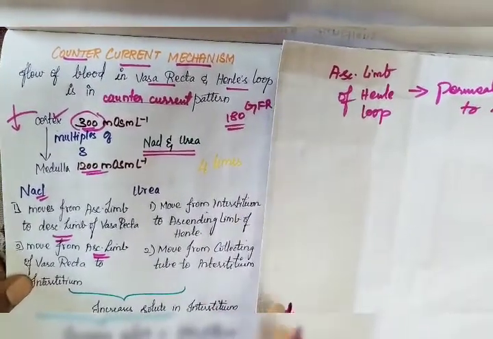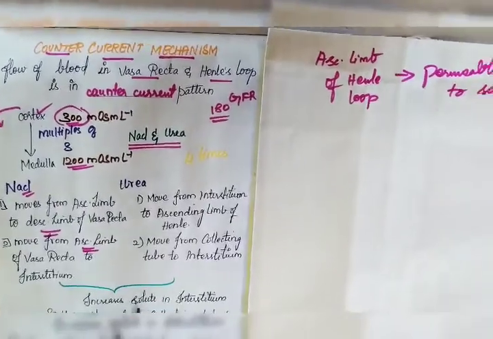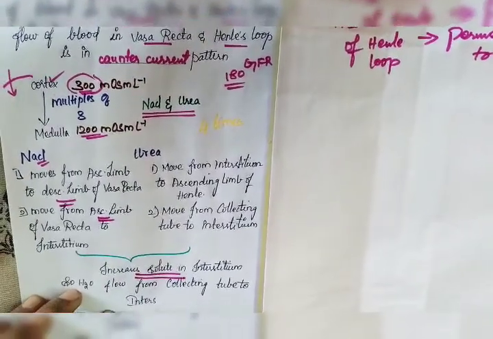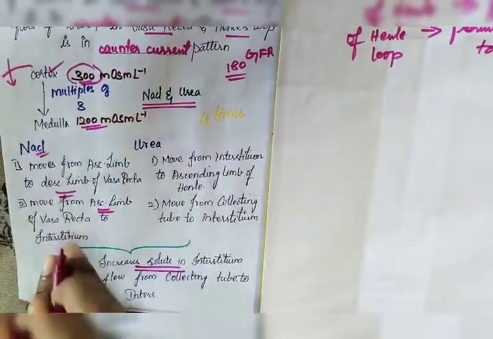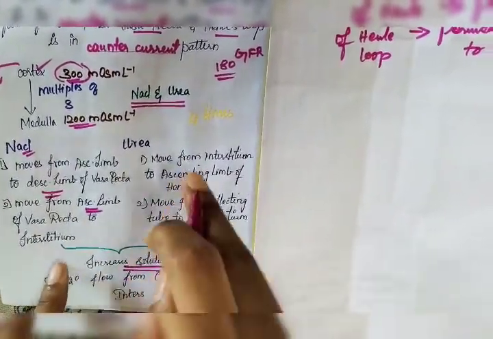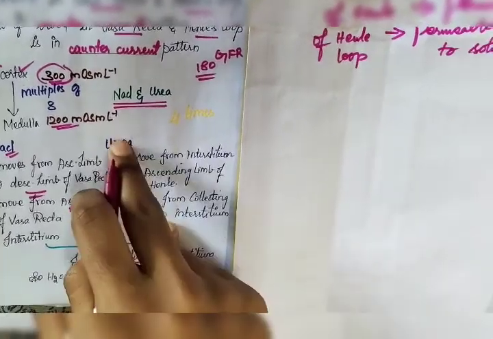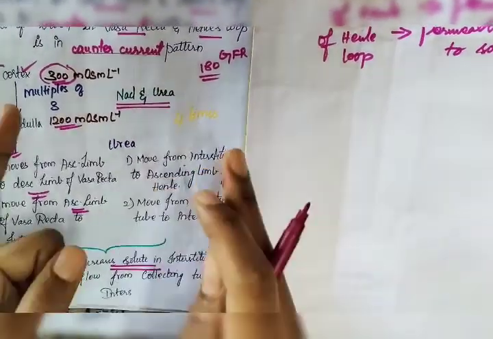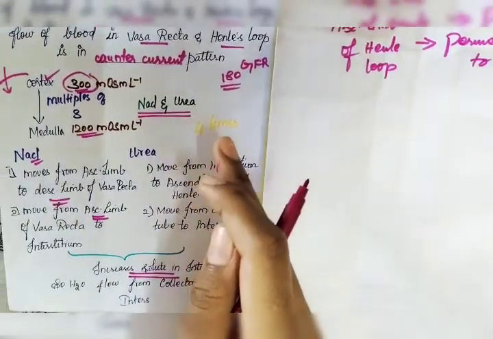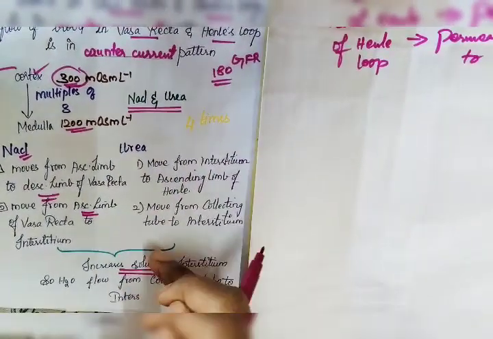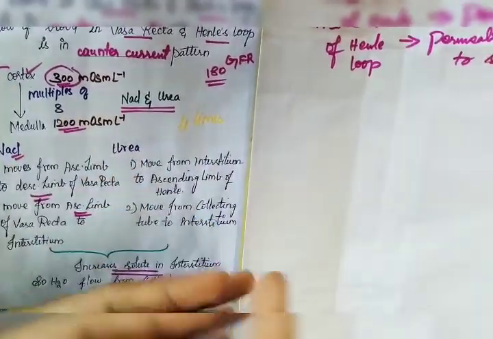So the increase in solute concentration in the interstitium is seen. Why? The vasa recta also loses sodium chloride to the interstitium, and the collecting tubule also loses urea to the interstitium. I told you, the urine formed is with respect to our body fluid. So our body fluid is now concentrated, so the urine will also be concentrated.